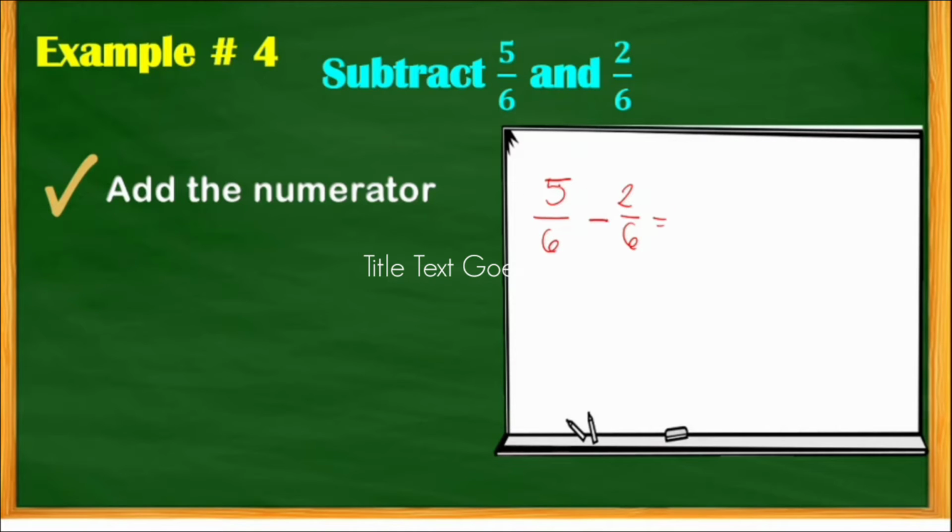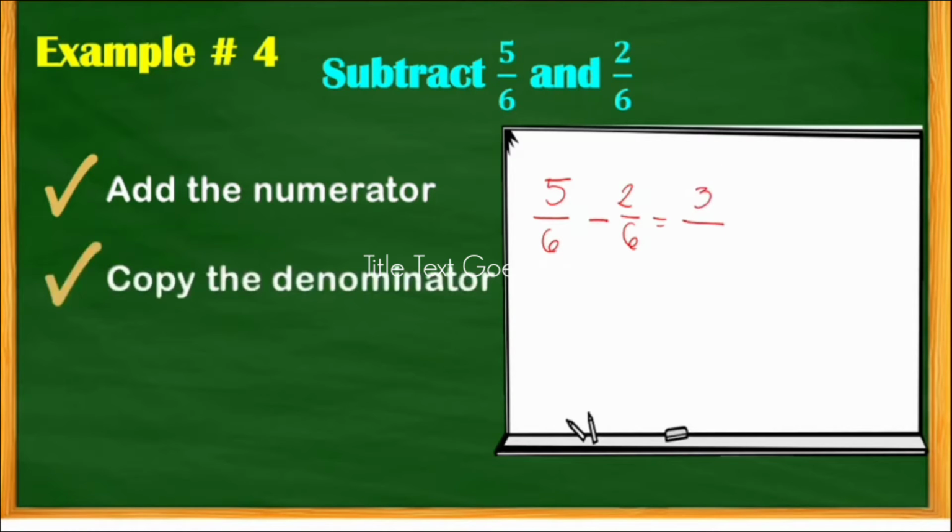Subtract the numerators. 5 minus 2, the answer is 3. And then, the second step is copy the denominator, 6. Then 3/6 has a common factor of 3. 3 divided by 3 is 1. Then 6 divided by 3, the answer is 2. So, the final answer is 1/2.